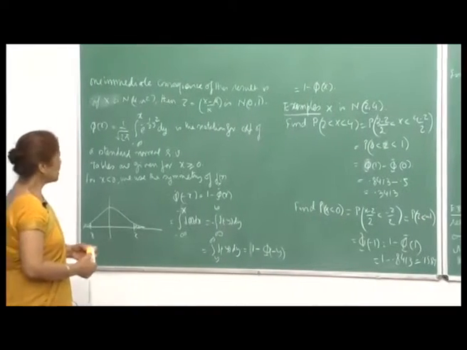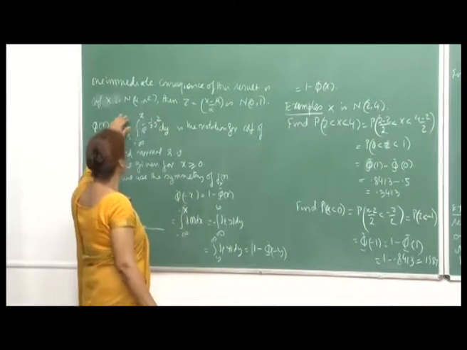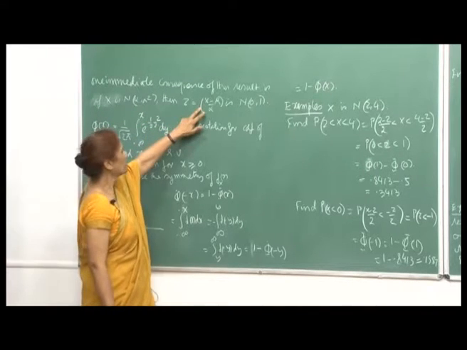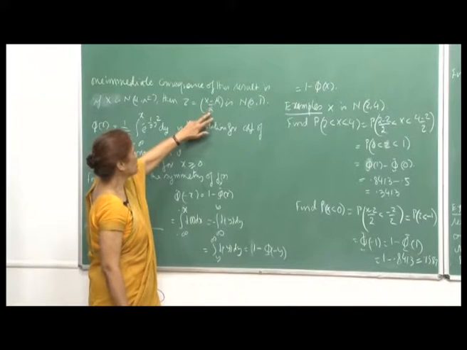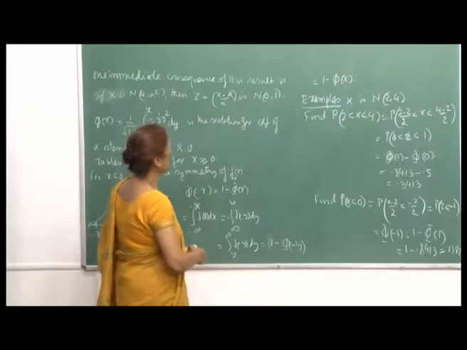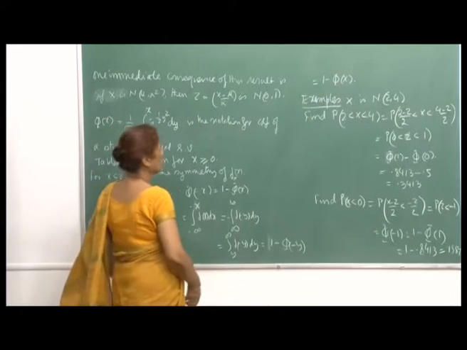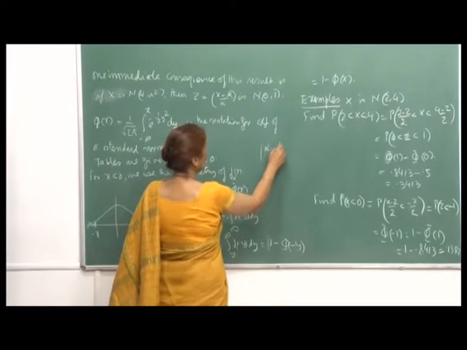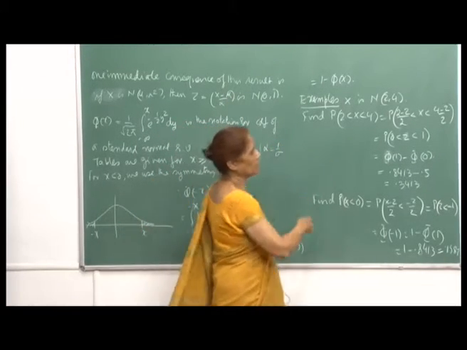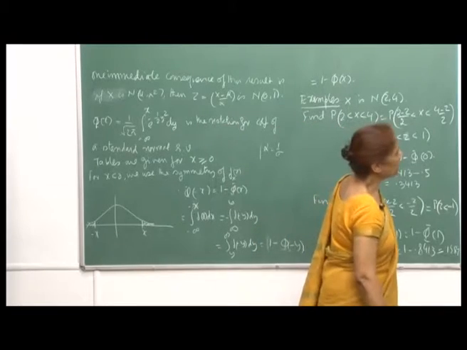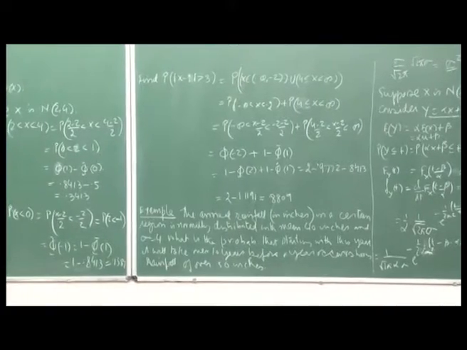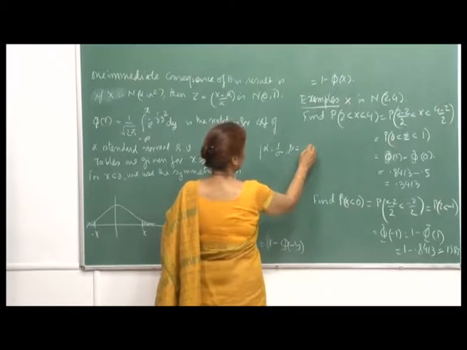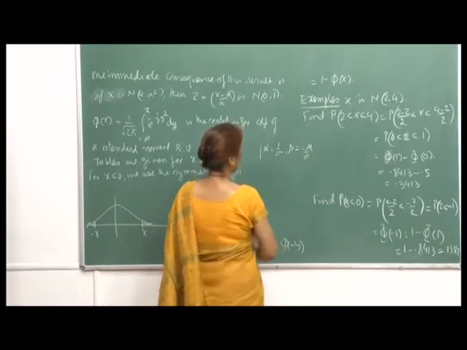Now, an immediate consequence of this result is that if x is N(mu, sigma square), then z, which you write as (x minus mu) by sigma, will be normal 0, 1, right. Because what is happening? Here alpha is actually 1 by sigma, if you compare it with the expression alpha x plus beta, and your beta is minus mu by sigma.